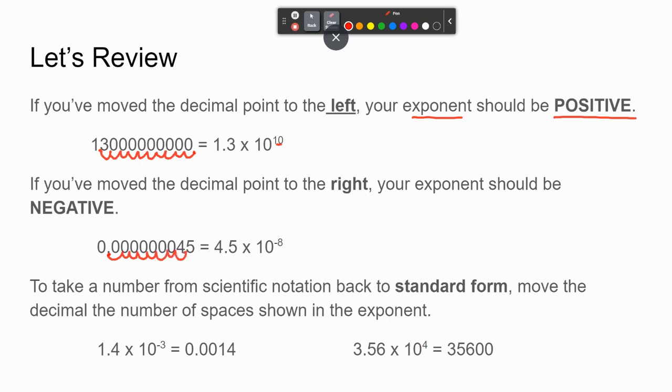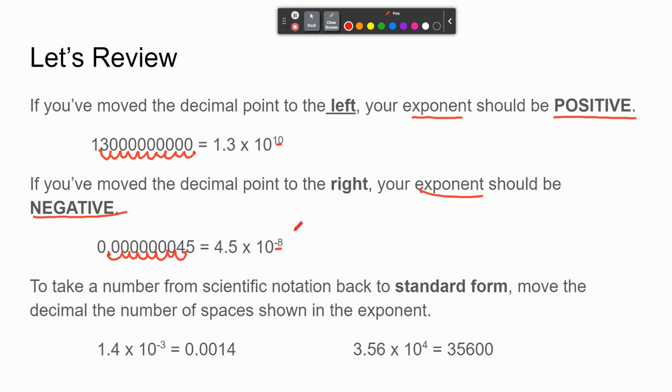So now my number is 4.5 times 10. I'm still writing an 8 for my exponent because I moved the decimal 8 places, but to show that this is a small number and that I moved my decimal to the right to get it there, I have to make it a negative 8. So my exponent is negative if I'm moving my number to the right, if we're talking about a really small number.